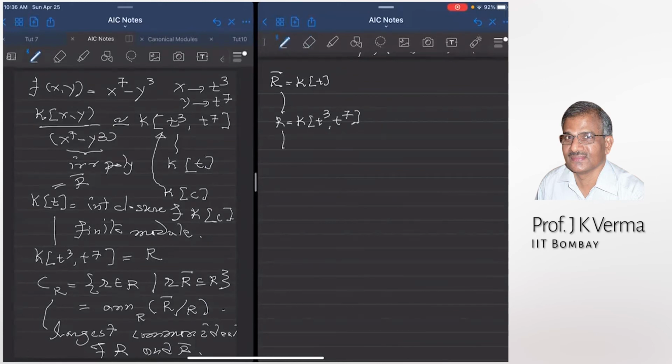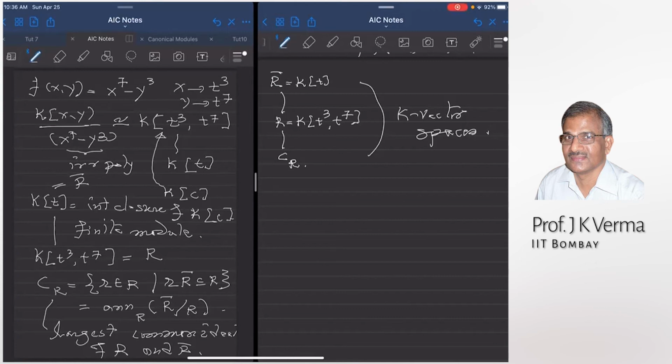And inside R, we have the conductor ideal. All these are k vector spaces. The conductor is a zero-dimensional ideal, R is one-dimensional, and the conductor you can check.